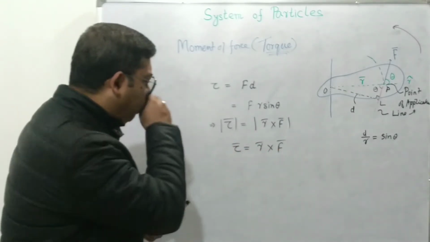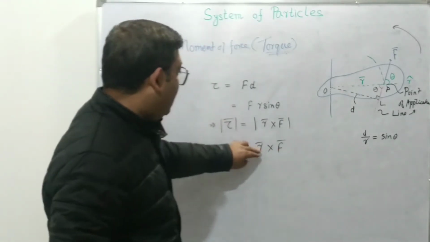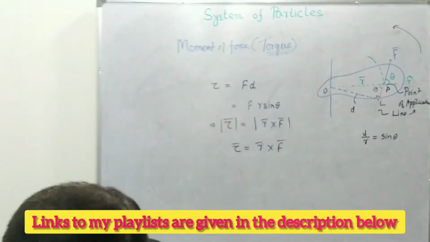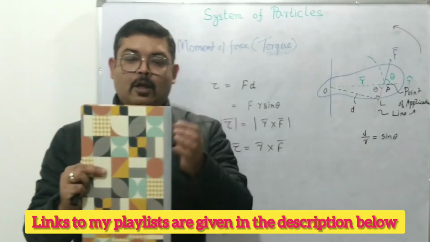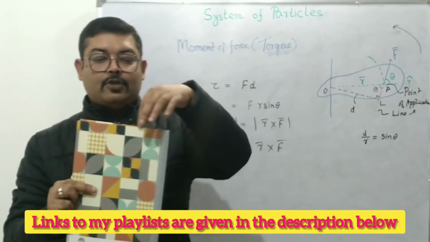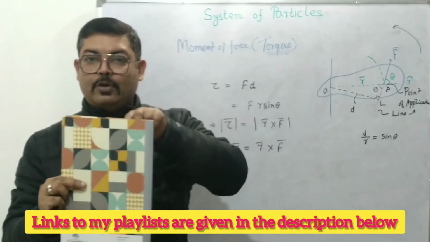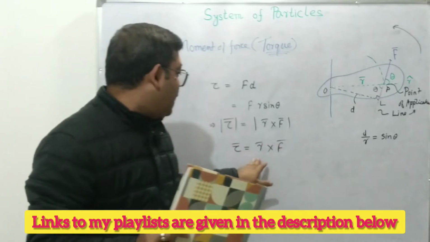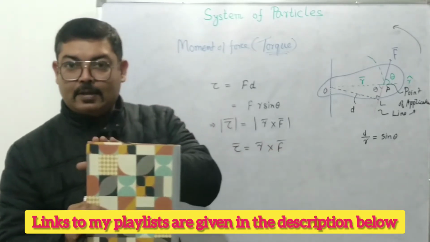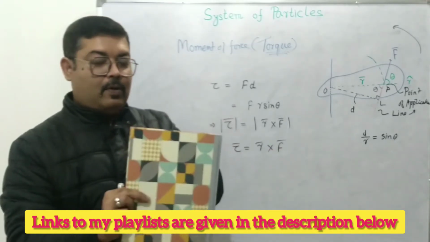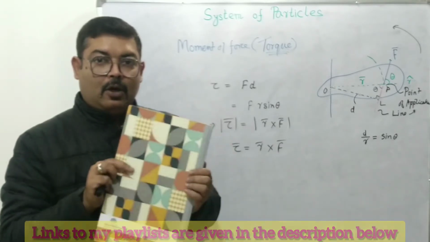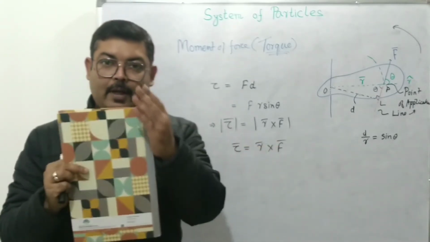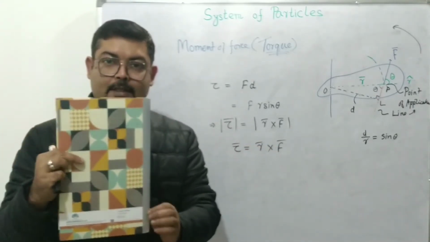So if R is smaller, that is the point of application is closer to the hinge, as we have discussed in this case, it becomes difficult for me to rotate it. But when R increases, the magnitude of R cross F will increase, and that's why for the same force it will be easier for us to open the door or move the book about a given hinge or given axis of rotation.